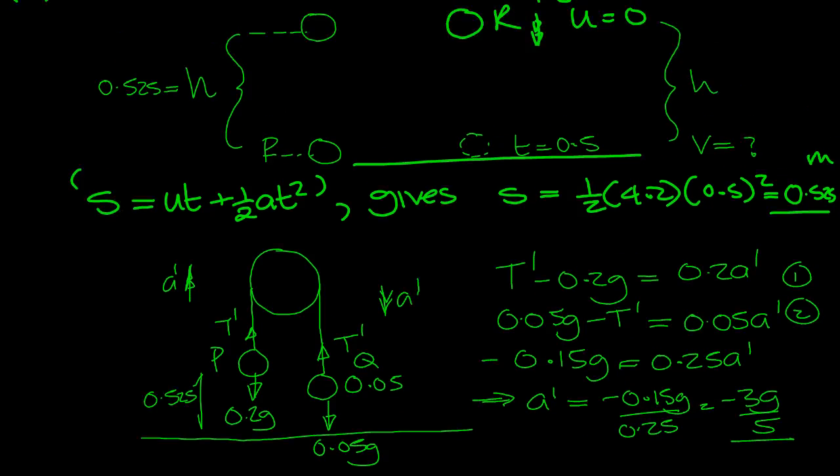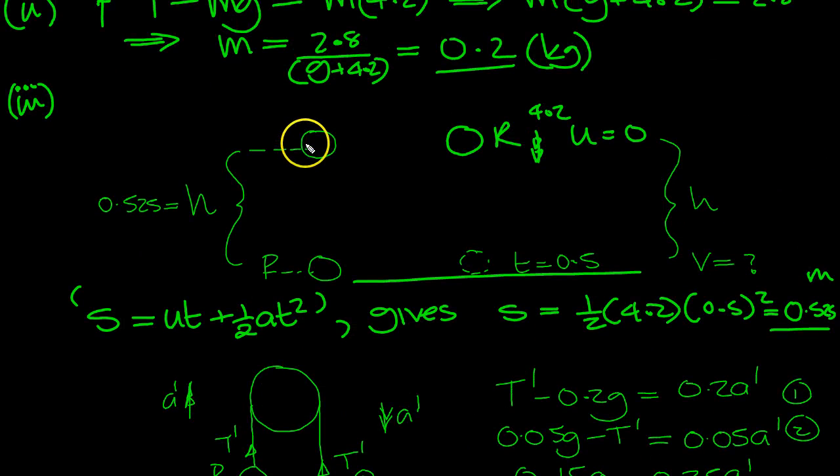Now we need to get the height, we're going to need the velocity that this has initially. So what is the velocity here? Well, it will be the velocity that R hit the ground at here. v squared equals u squared plus 2as, isn't it? So I'm going to put that in here. So v squared equals u squared, 0, plus 2 times the acceleration, 4.2 from before, times the distance, 0.525.